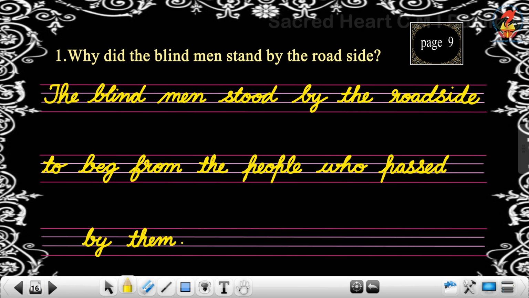So, the blind men stood by the roadside to beg from the people who passed by them.